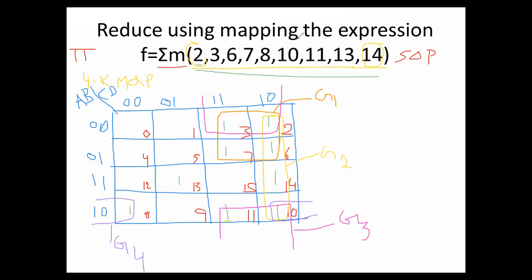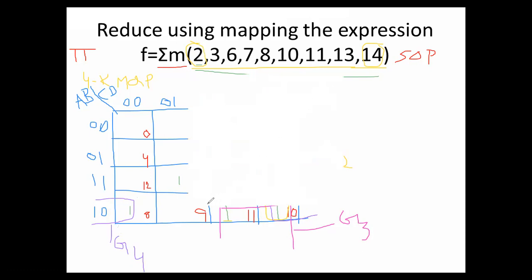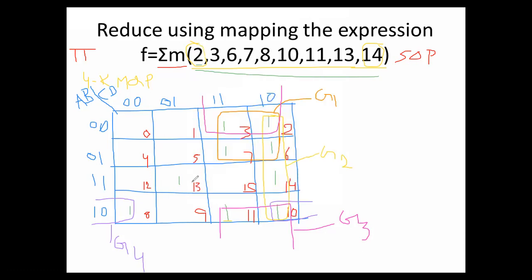Do you understand how to group this? This is very important: how to group the adjacent ones. Always try to group the maximum number of adjacent ones. Next, what about this one in cell 13? Is there any quad possible? No. Is there any pair possible?